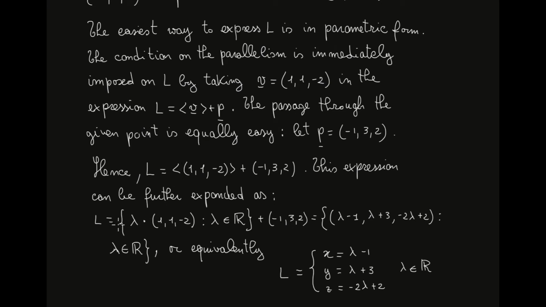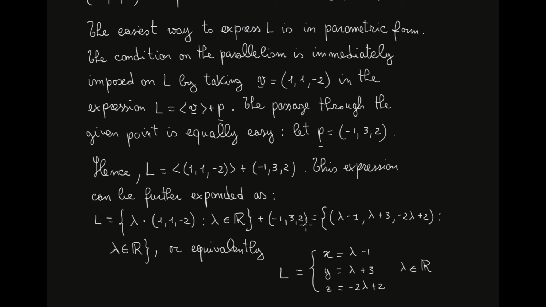So here we have L is lambda times (1, 1, -2), with lambda that ranges inside R, plus the vector (-1, 3, 2). Again, set theoretically, this can be re-expressed as we open curly bracket. We just expand this set by multiplying through the lambda inside the vector's coefficients.